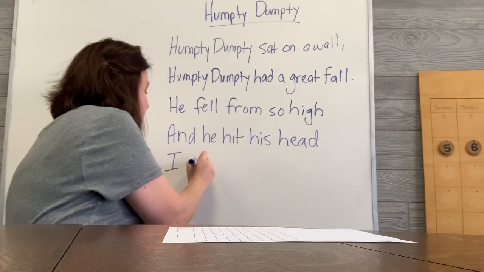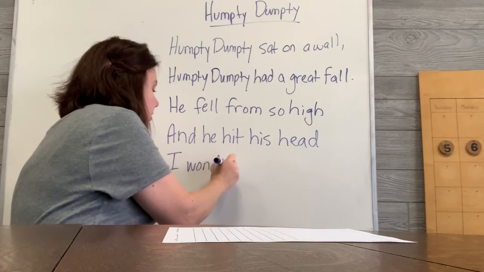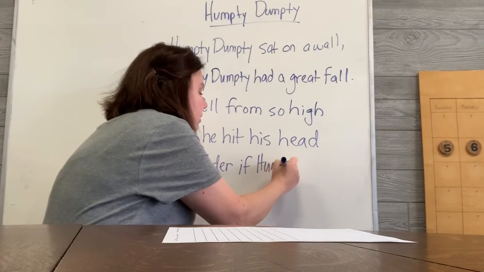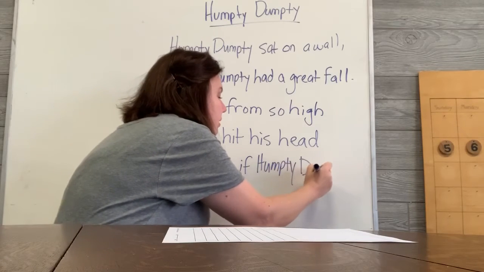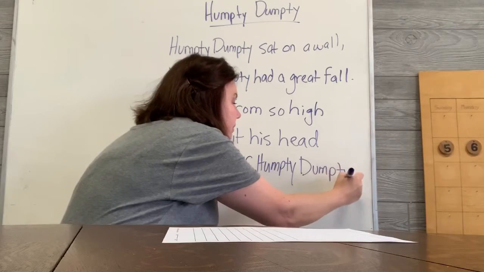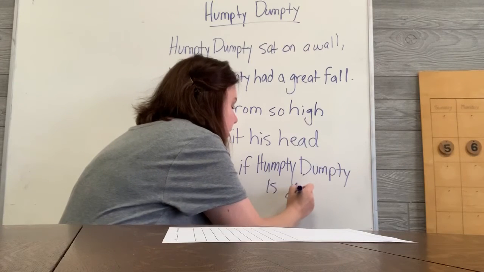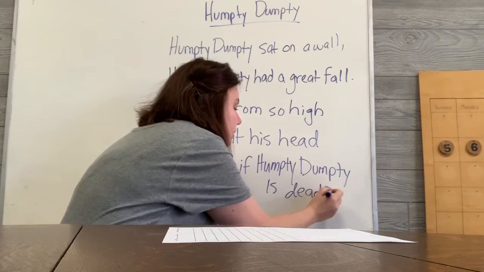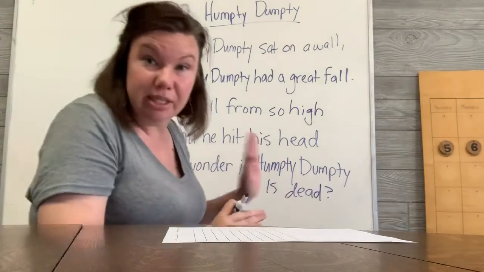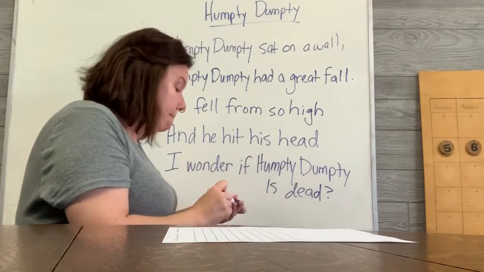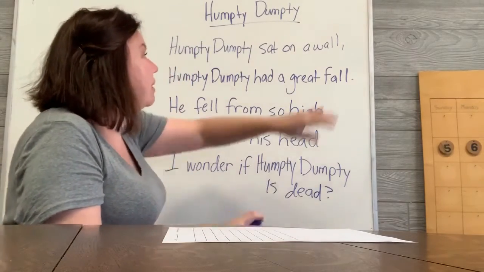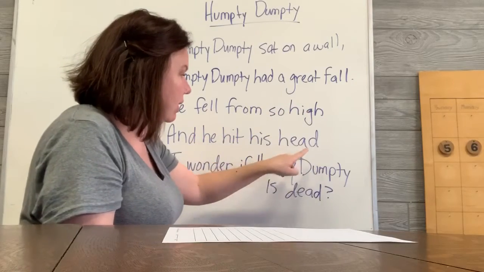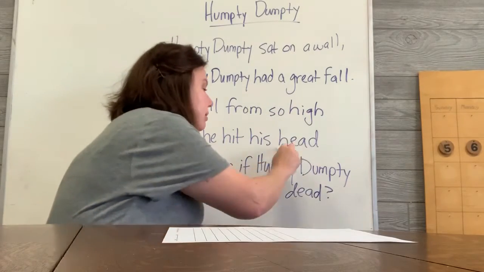I wonder if Humpty Dumpty is dead. Whoops. Okay, you can't use this, you have to come up with your own. But this is just an example. So we have rhyme, rhyme, doesn't rhyme, rhyme, rhyme, because head and dead.